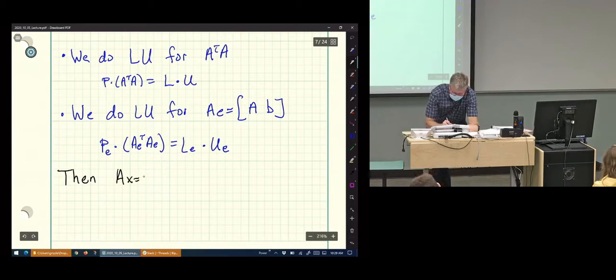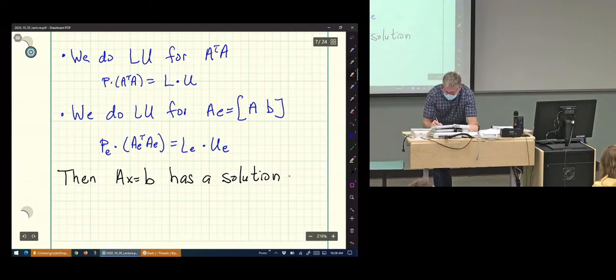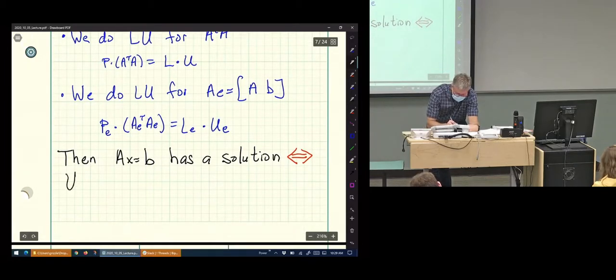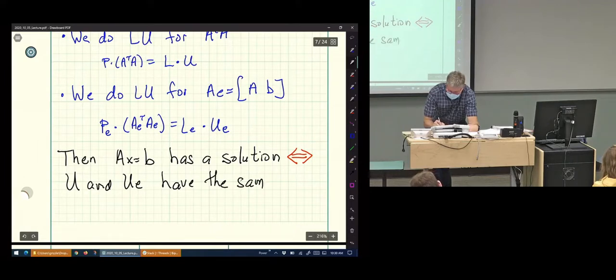Then AX equals B has a solution if and only if U and UE have the same number of linearly independent columns.